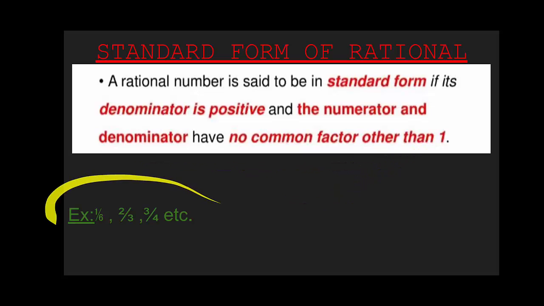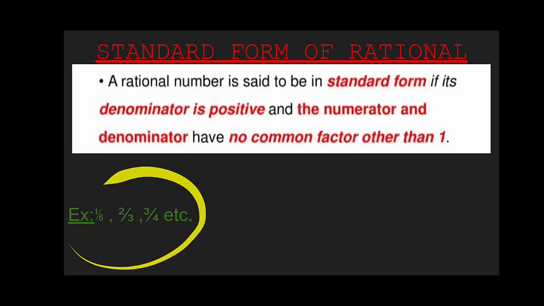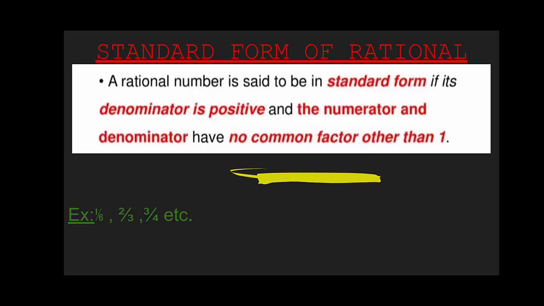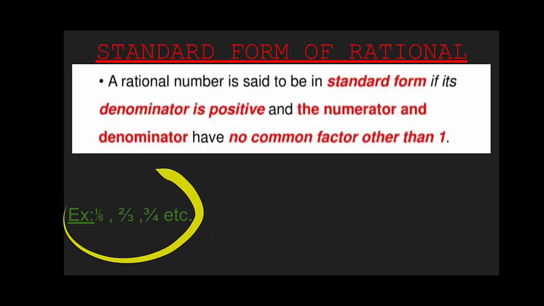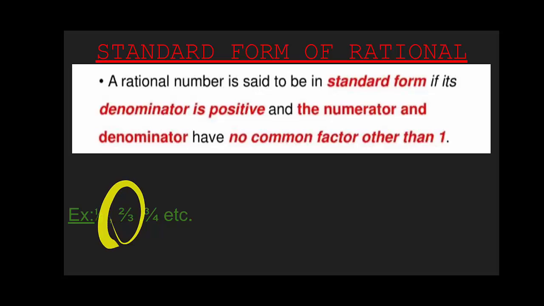So if you look at these given rational numbers, the numerator and the denominator of all these fractions have no common factor other than 1. So all these are examples of standard form of rational numbers, where the denominator is positive and the numerator and the denominator do not have a common factor other than 1.